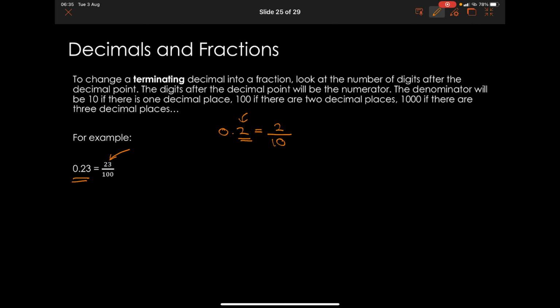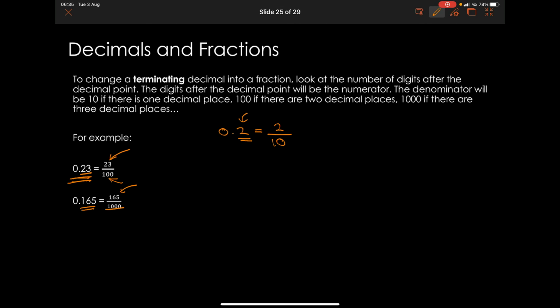So if there's only one number after the decimal point, the denominator will be 10. In this one, 0.23, there's 2 digits after the decimal point. So 23 will be the numerator and 100 will be the denominator. Okay, two zeros. And if there's 3 digits, that'll be the top number, but the bottom number will be 1,000. Okay?